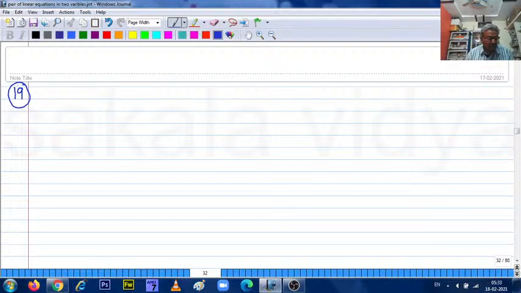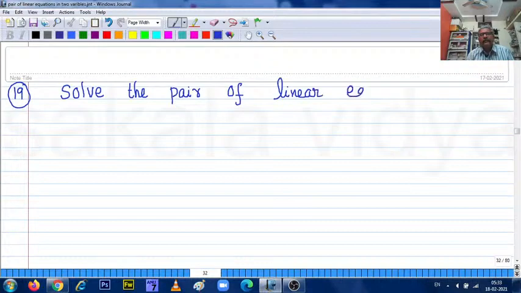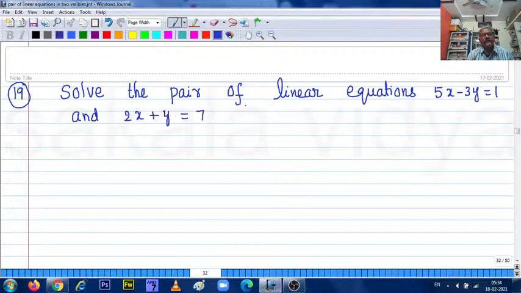Solve the pair of linear equations 5x minus 3y equals 1 and 2x plus y equals 7 by substitution method.